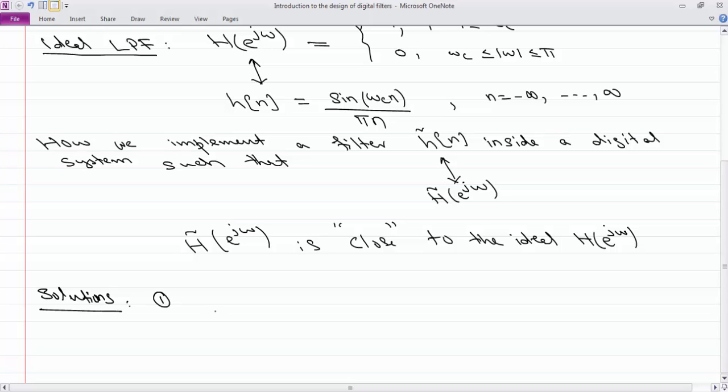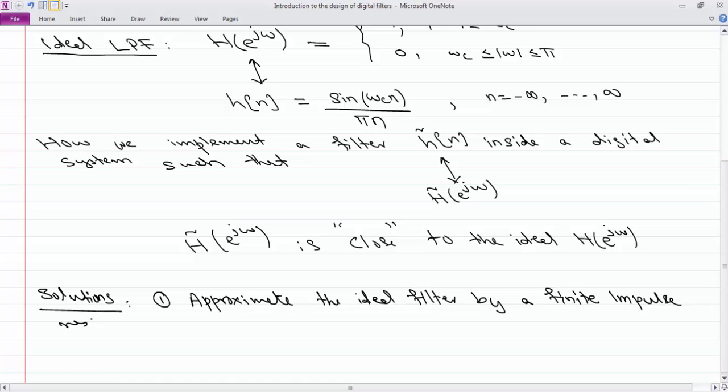The first solution is very simple, which is that we approximate the ideal filter by a finite impulse response filter, or FIR filter.